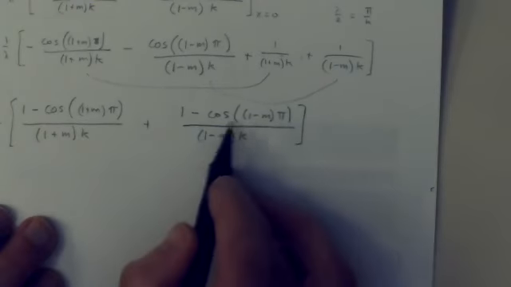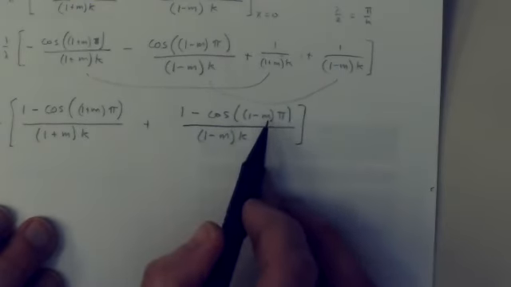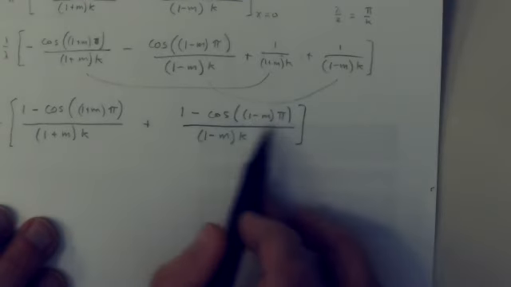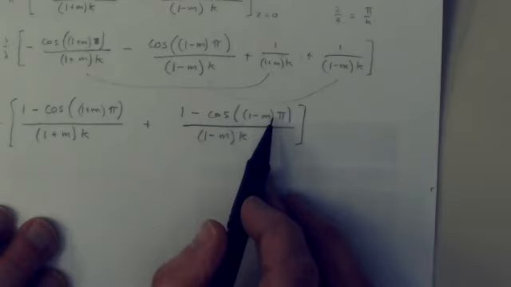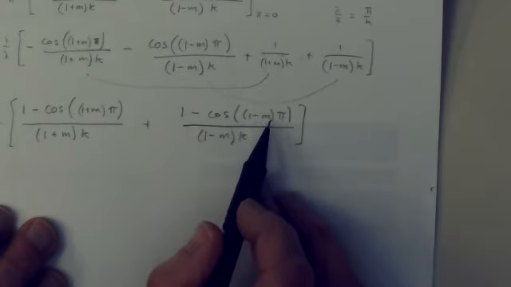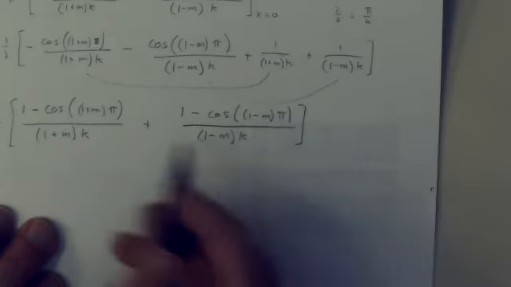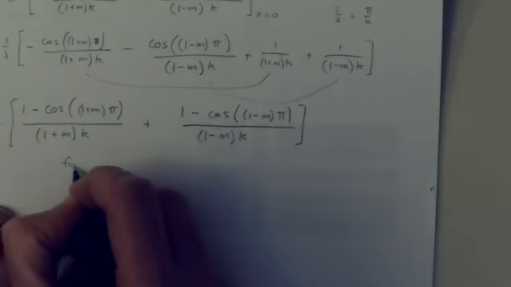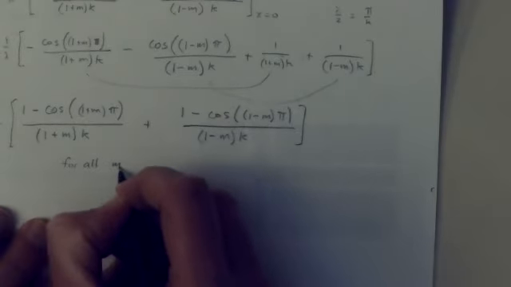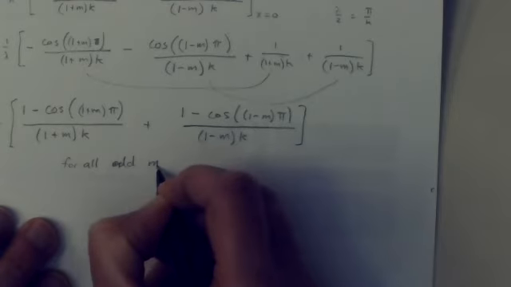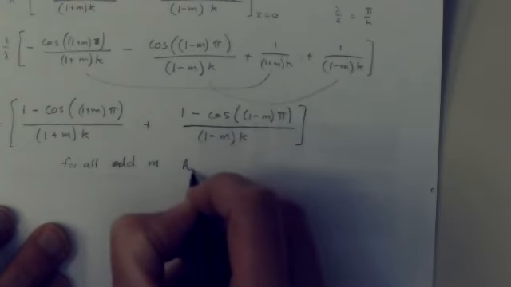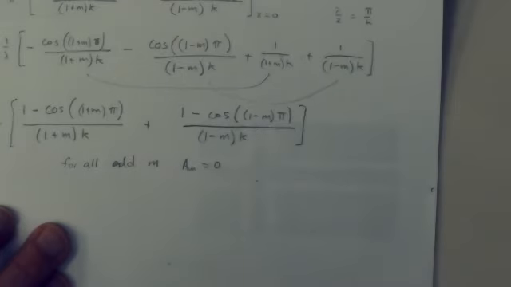And the same thing is true over here. 1 minus m is still an even number of pi's if m is odd. So for all odd m, a sub m is 0. We can see that right now.